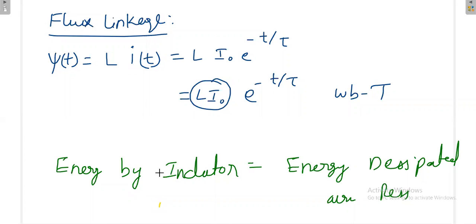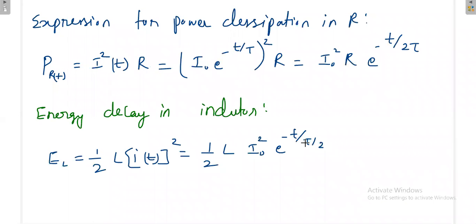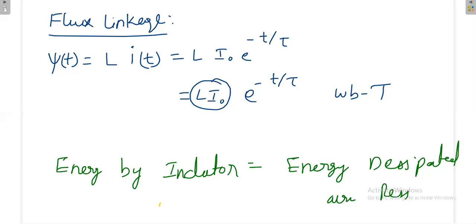What is the initial energy in the inductor? You see this equation at t is equal to 0. What is the energy? 1 by 2 L I naught squared. 1 by 2 L I naught squared is the initial energy in the inductor. Then you try to calculate the energy dissipated by the resistance, and try to prove both are the same.